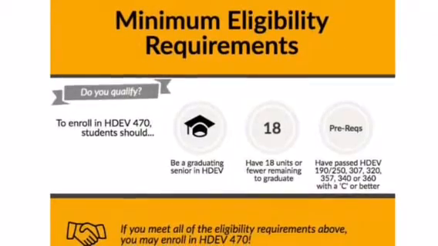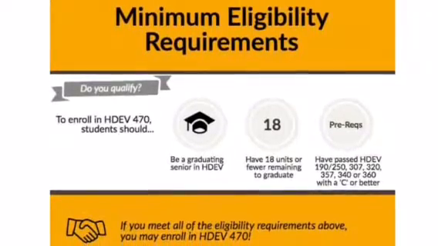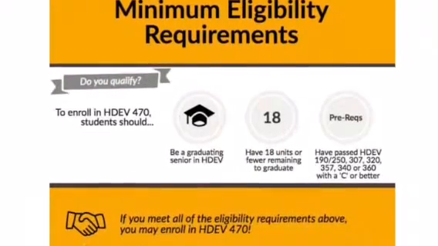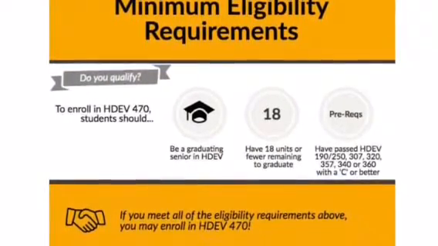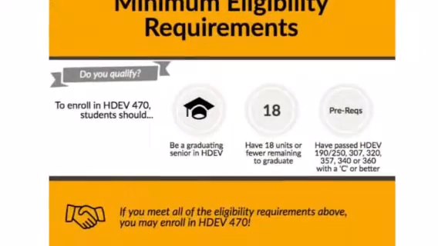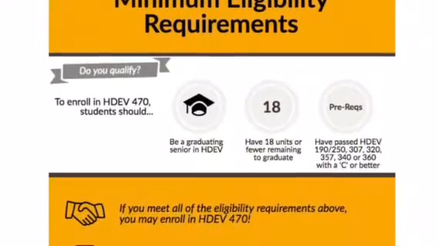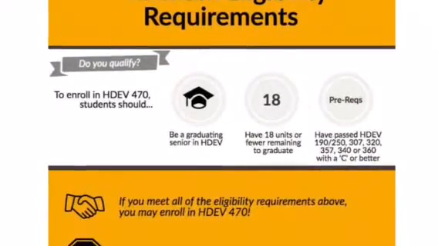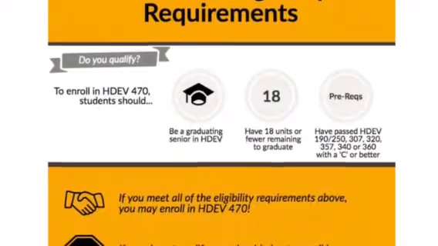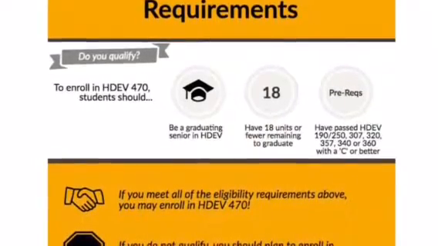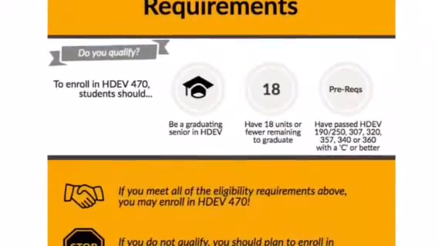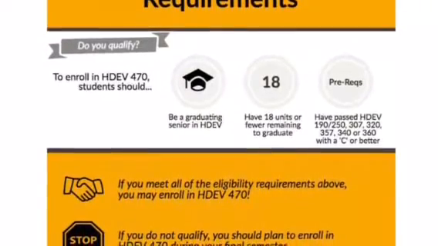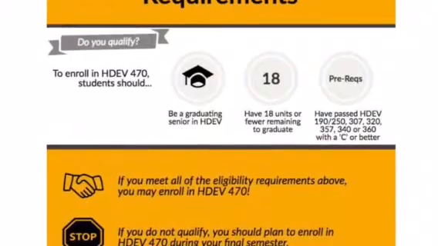Minimum eligibility requirements. In order to determine if you qualify to enroll in HDEV 470, you should be a graduating senior in HDEV, have 18 units or fewer remaining to graduate, and have passed the prerequisites HDEV 190 or 250, 307, 320, 357, and 340 or 360 with a C letter grade or better.